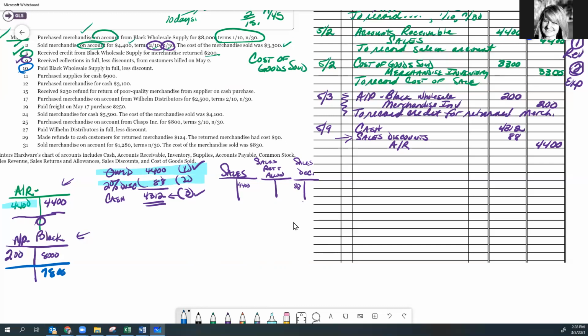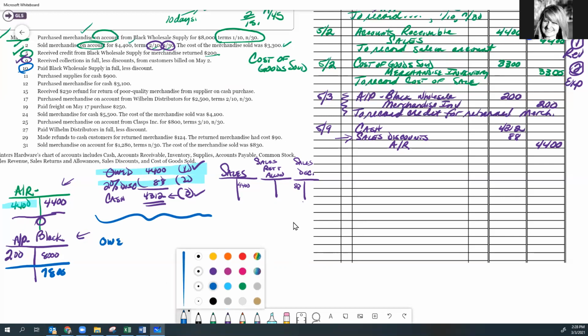7,800. So we're going to do the same thing that we did up here, and look at what we owe. We owe 7,800, but we're going to take a discount. It's not 2%.